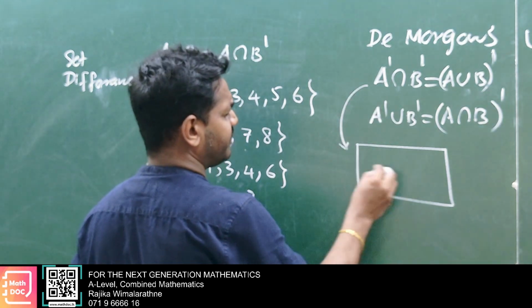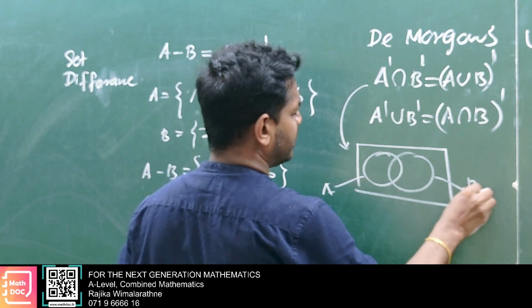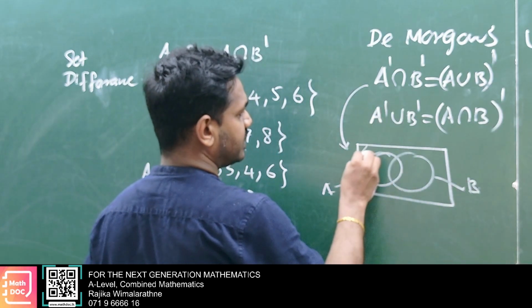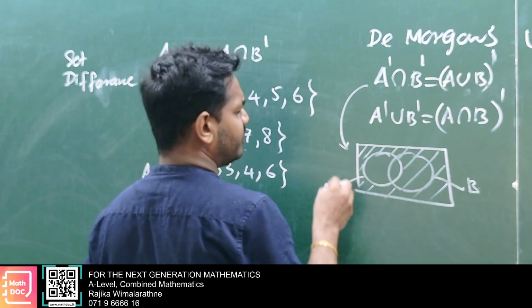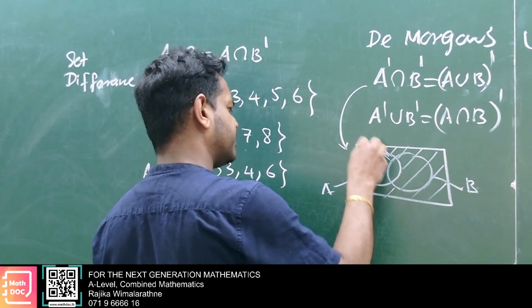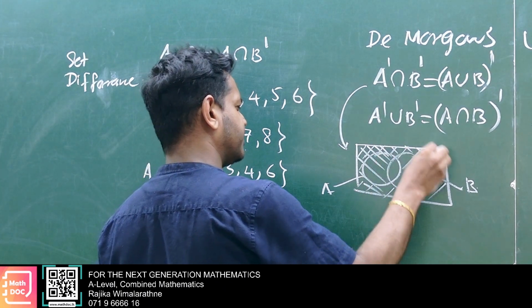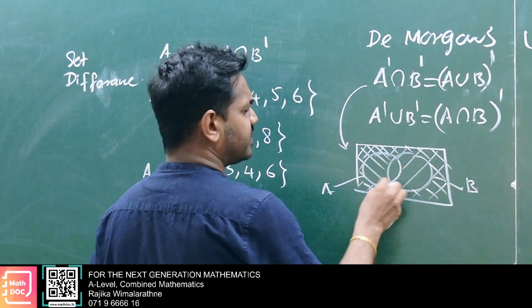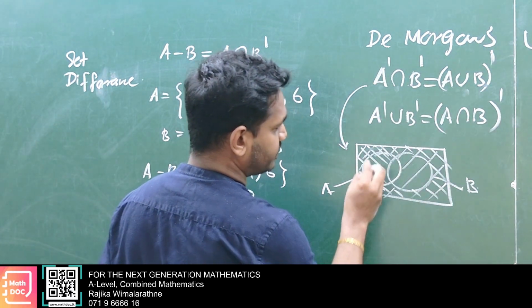Here first one, here A and B. Take here A, take here B. A dash means value without A, B dash means value without B. Then the intersecting region means your common values.